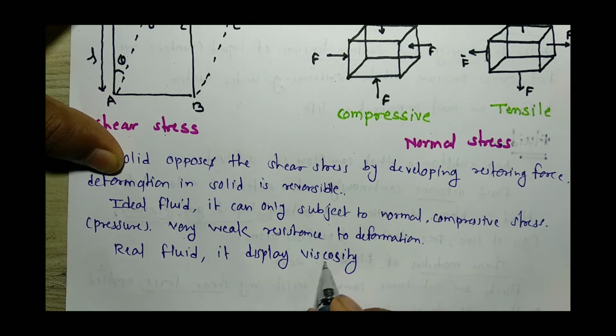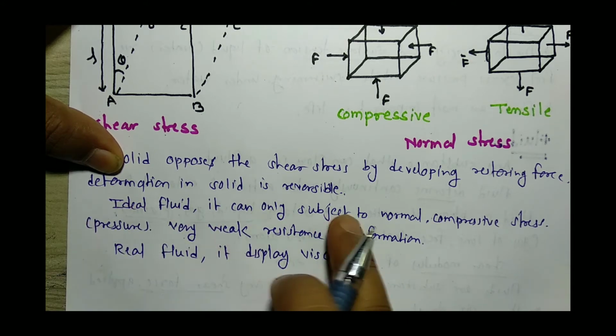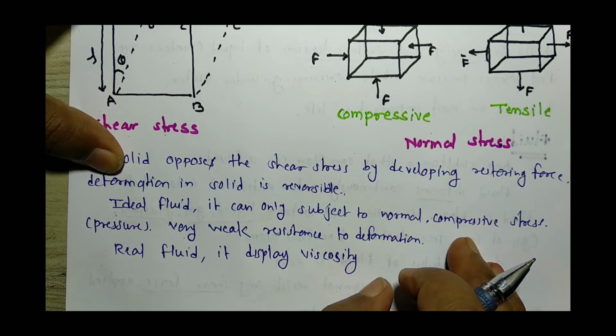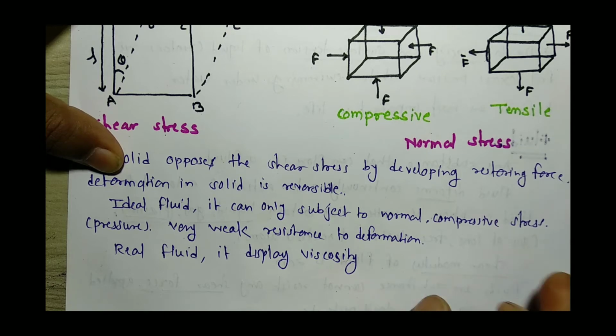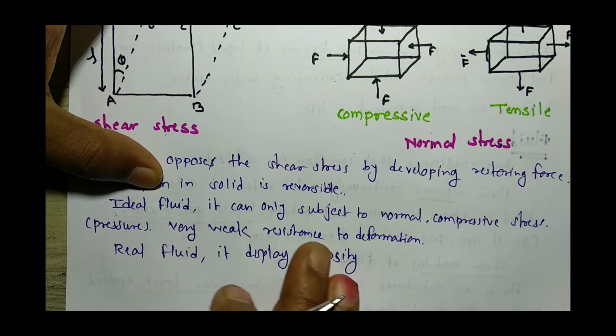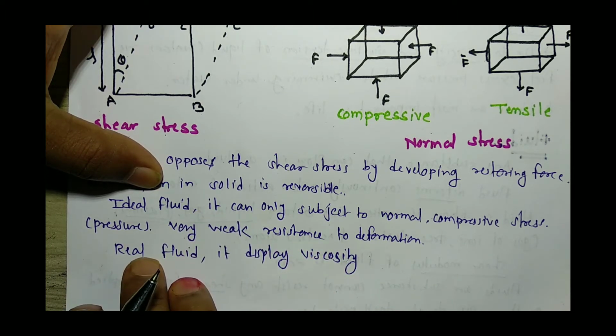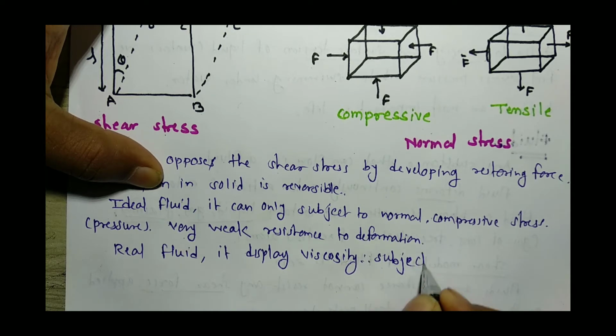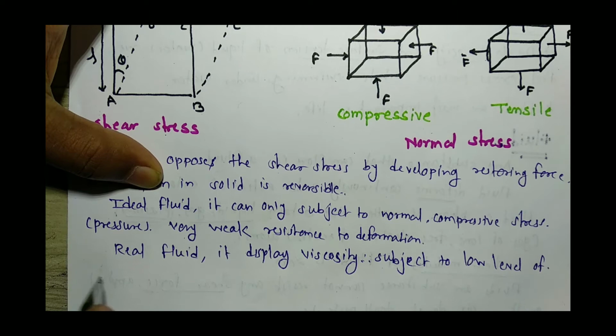An ideal fluid does not give viscosity or surface tension. Those phenomena are not found inside the ideal fluid. But an ideal fluid is not found in the universe. So we are going with a real fluid, and a real fluid displays viscosity, and therefore it is subject to a low level of shear stress.